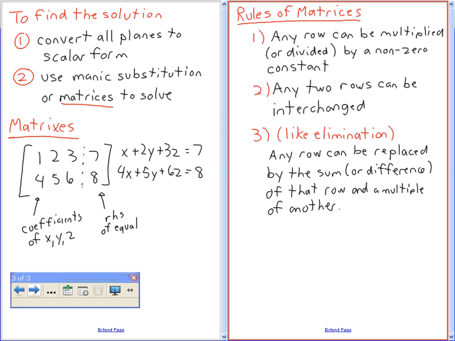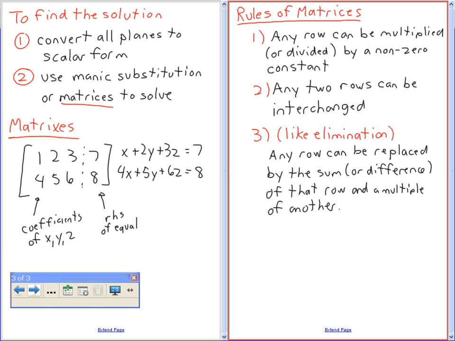Now, it sounds complicated when I say it like that, but it's like elimination. Remember when we did elimination in grade 10 and yesterday, you multiplied a row by something and added it to the other row? That's what we did for elimination. So in this case, I could multiply this row by 2 and add it to this one and get a new row. That's what they're saying. Does that make sense? For those in data management, it's basically elimination from grade 10.